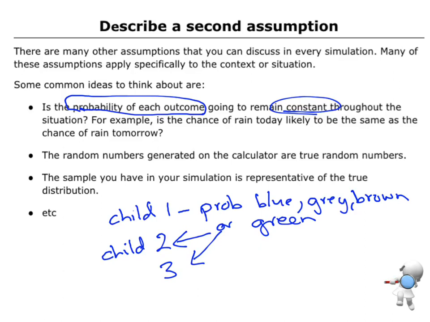So I'm expecting that each child has the same probability. That's quite common to assume, that the probabilities are going to be constant every time.